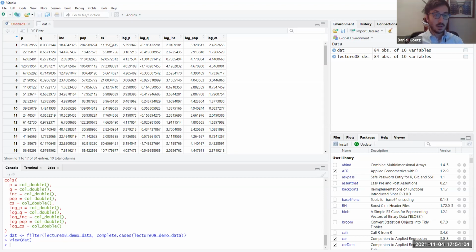So this is an input into the price, but it's the firm's costs. And then we have log P, log Q, log income, log population, log cost shifter. So we have the logged versions of all these variables. So we've kind of just pre-generated using the mutate command, the transformations of the price and quantity variables.